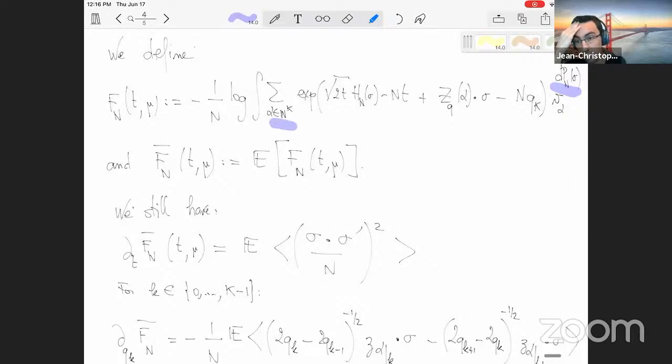Now when I write the Gibbs measure, I really think of it as being a Gibbs measure where the random variables are sigma and also alpha. Alpha is also a random variable.